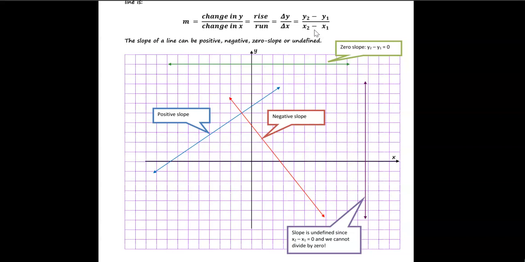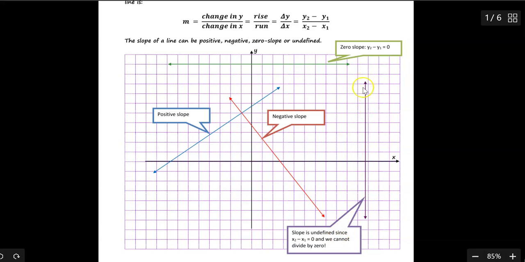In mathematics, you cannot divide by 0. If you divide by 0, it's called an undefined condition. Because it shares the same values for x, the denominator is always equal to 0. Therefore, this one is called no slope, or the slope is undefined.